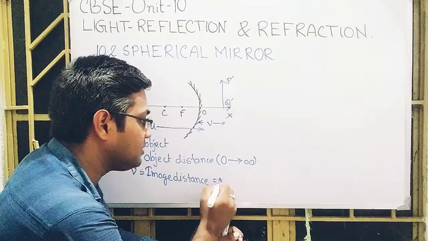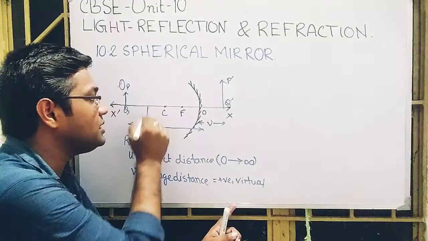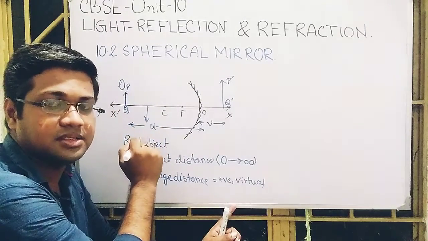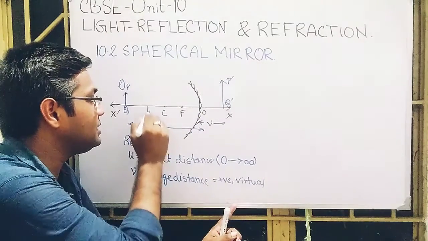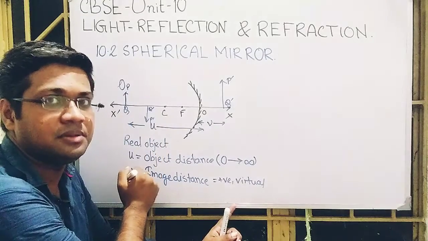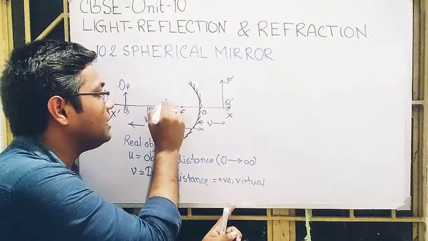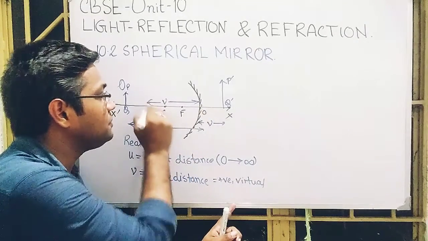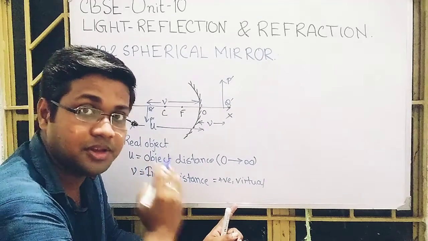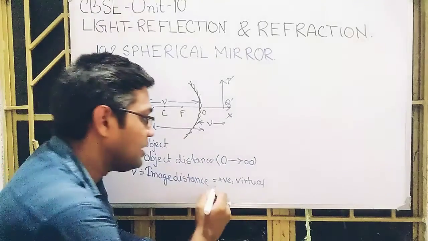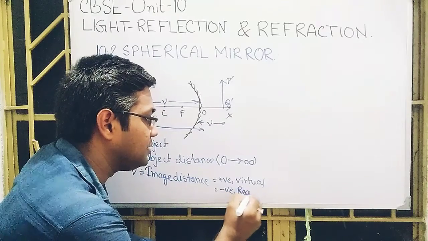So the image distance is positive for a virtual image. If the image is formed somewhere in front of the mirror, that is the real one, and that distance is also represented as V, but if I follow the sign convention, it is negative, and that is a real image.